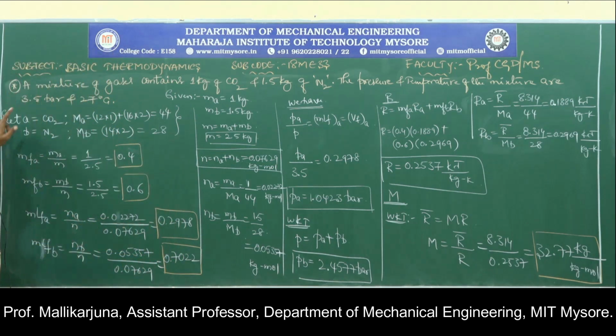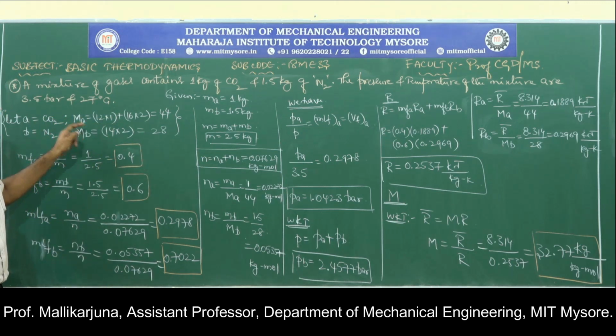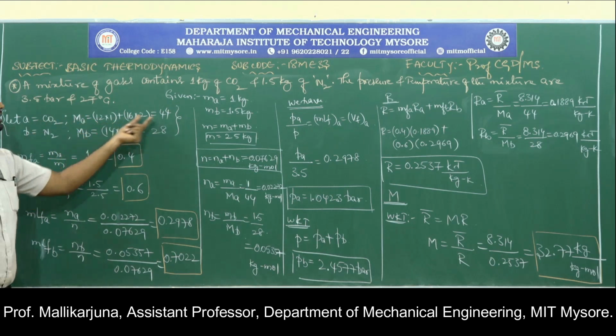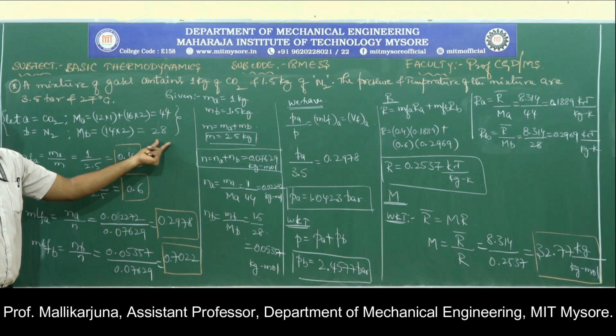First thing is, as soon as the problem is given to you, you need to decide the gases. In order to ease the writing, I will decide CO2 as constituent gas A and N2 as constituent gas B. Next, I will go through the molecular weights of the constituent gases. The molecular weight of CO2 will come around 44, and the molecular weight of N2 will come around 28.